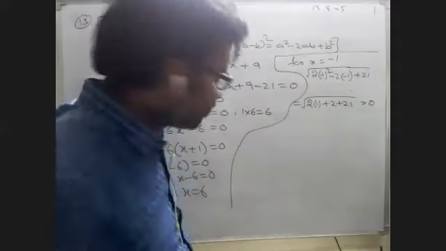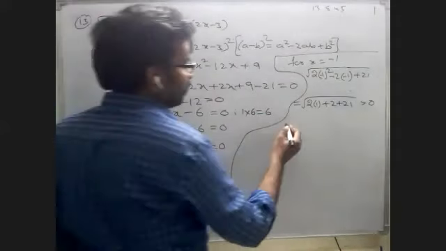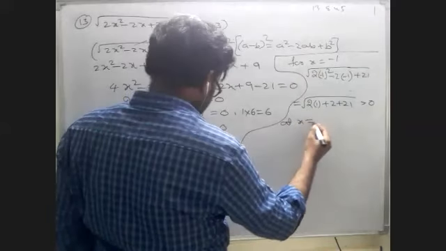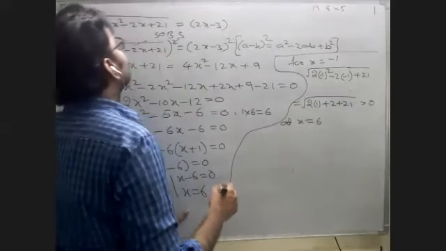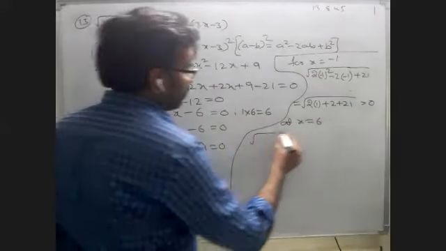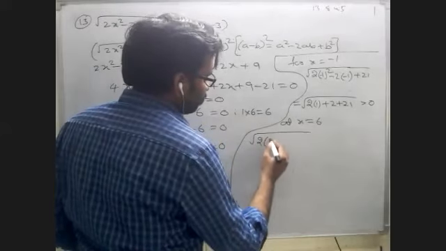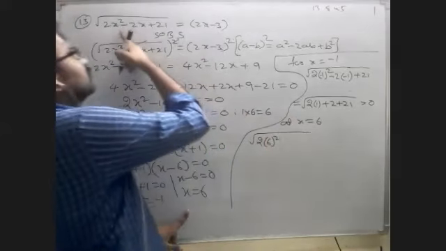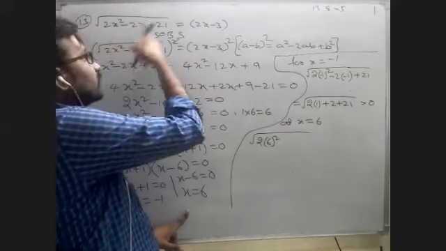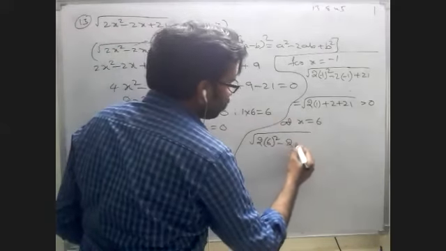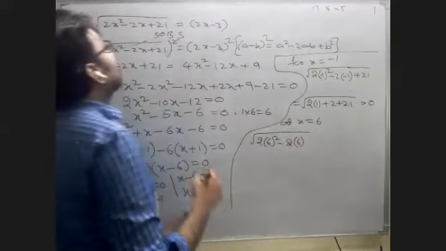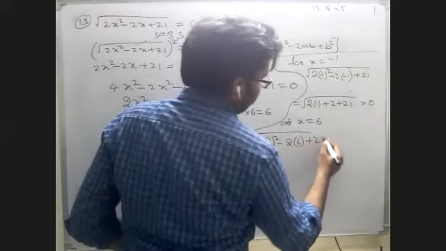And there is one more, we can check that also. At x is equal to 6, what will you get? Root over 2 into 6 square, 2x square minus 2x, minus 2 into 6, plus 21. We have to simplify that.